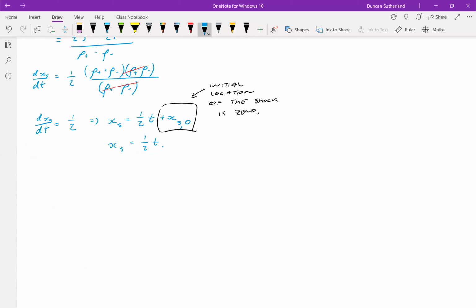Now that means that if x_s is less than or equal to a half t, rho equals 1. So that's everything to the left of the jump.